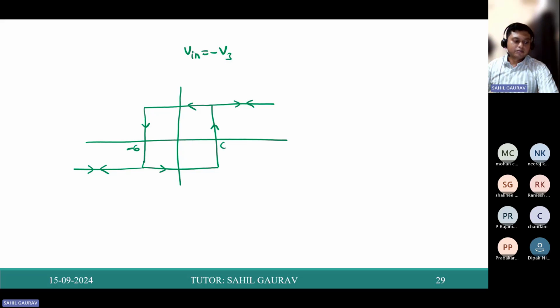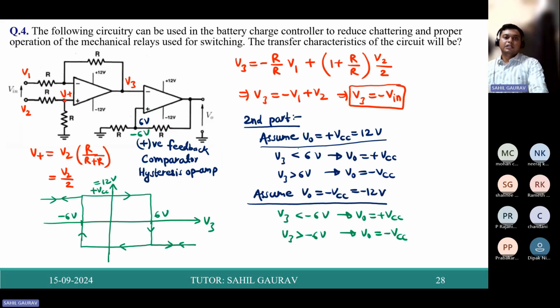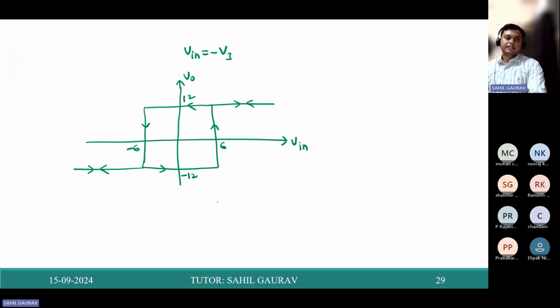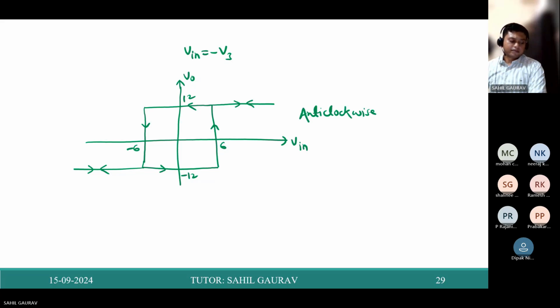So minus 6, plus 6, 12, minus 12. This will be with respect to V0 and V in. In the previous case, it was in the clockwise direction. Now, since V in equals minus V3, it will be in the anti-clockwise direction. So this is the correct answer.